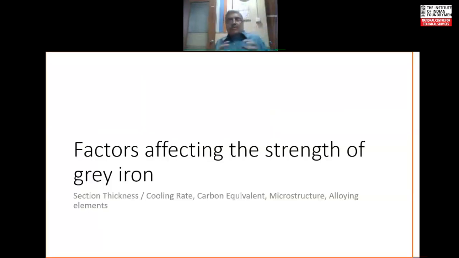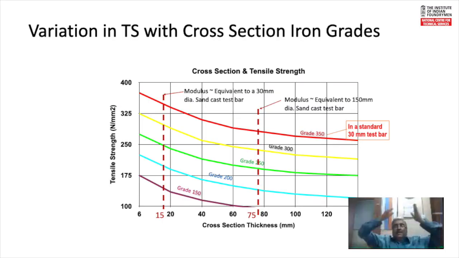Now, let us move towards factors affecting the strength of the gray iron. Here is a graph which I have taken from CDC literature, which talks about tensile strength versus cross-section thickness. And the lines have been drawn for different grades of irons.